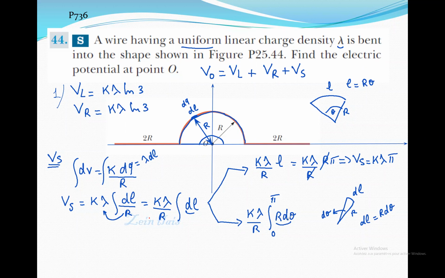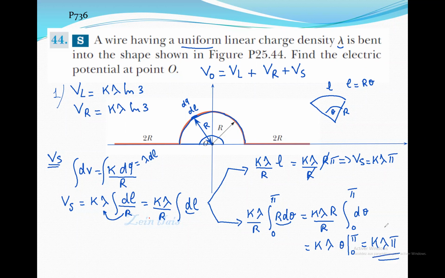R is constant, we can take it out. Here we can write k lambda r divided by r integral of d theta between 0 and pi equals k lambda theta between 0 and pi equals k lambda pi. We get the same result. So like this, we calculated Vs created by the semi-sphere equals k lambda pi.